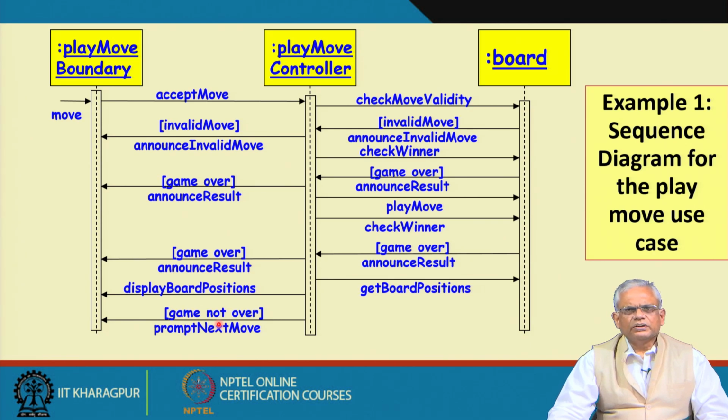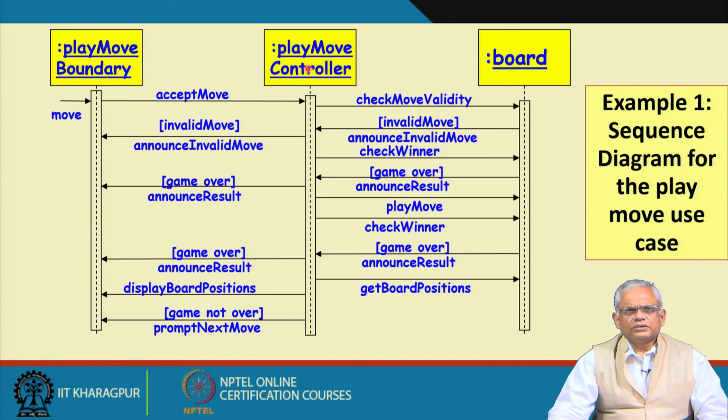Once we have drawn this sequence diagram, the methods for the three classes are automatically populated in a CASE tool, or we can check manually. Here the board will have check move validity, check winner, play move, and get board position. These are the methods that should be there with the board.